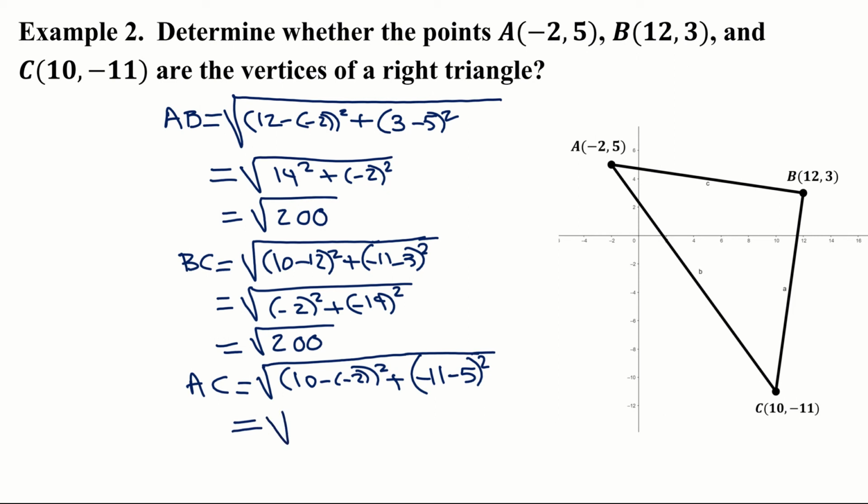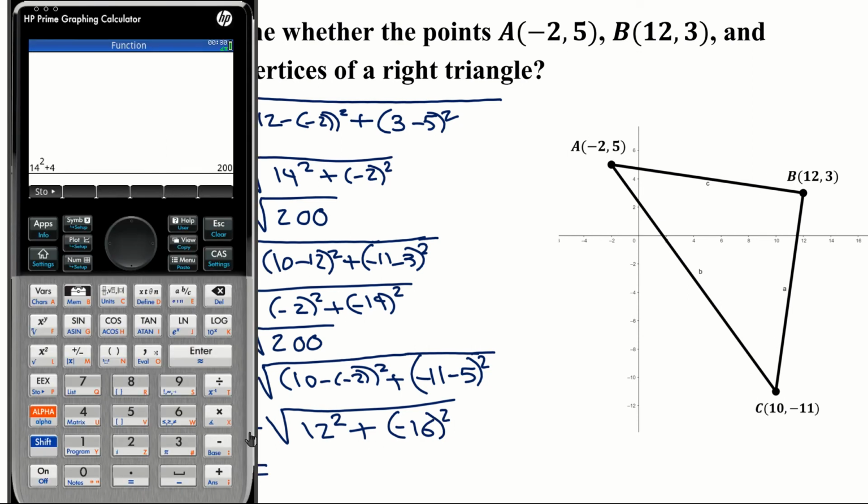So we have the square root of 10 minus negative 2 becomes 12 squared plus this one is negative 16 squared. So now we'll calculate that. So we have 12 squared, and of course I can just put in 16 squared because it makes no difference. The square of negative 16 is the same as the square of 16, and we get 400.